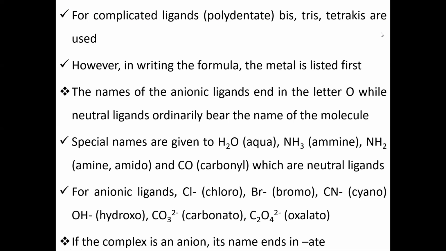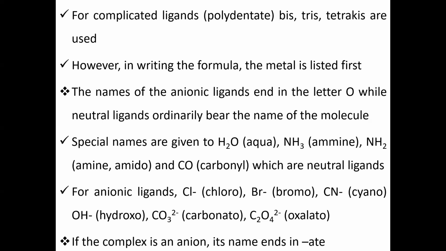So bis is for 2, tris is for 3, tetrakis is for 4, and so on. That is when you have a polydentate ligand, like your ethylenediamine, like your EDTA, like your polyphosphate. Those are polydentate, or what we call complicated ligands.